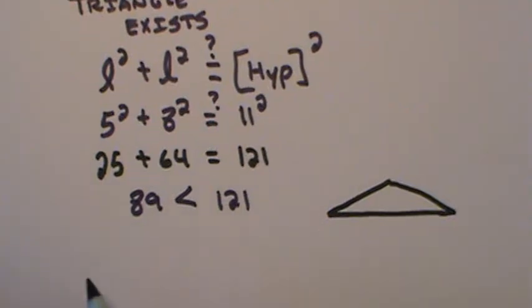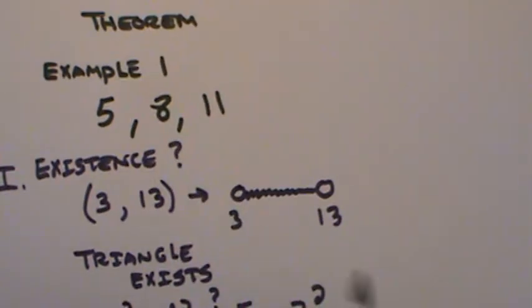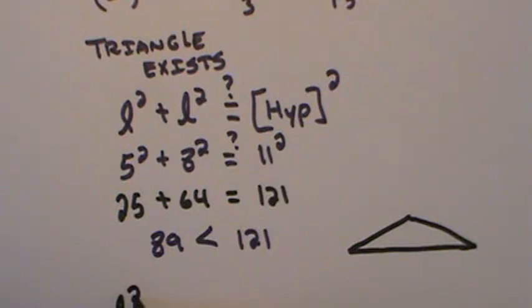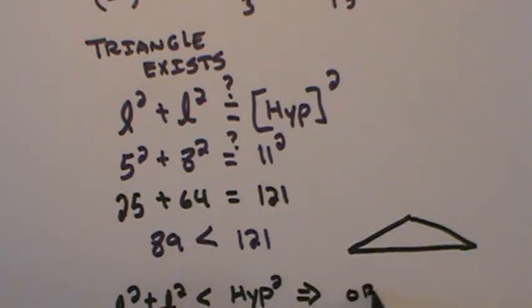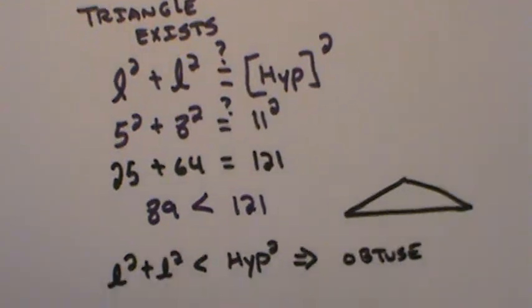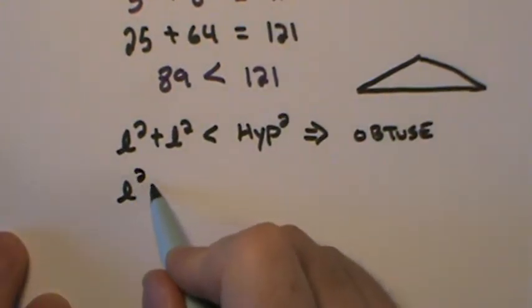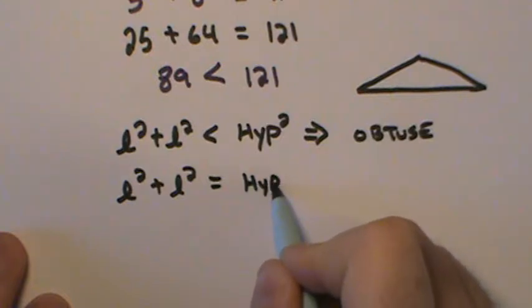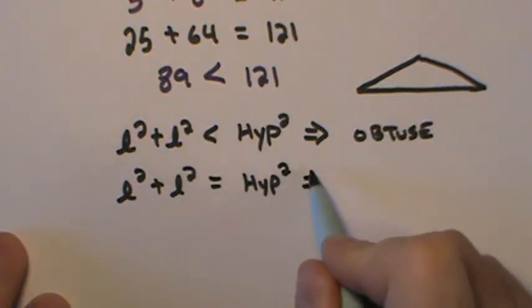So in other words, when we look at the results of the Pythagorean theorem, if you have a leg squared plus a leg squared being smaller than the hypotenuse squared, that would imply that you have an obtuse triangle. If you have a leg squared plus a leg squared and it equals the hypotenuse squared, well, this is what we've been learning.